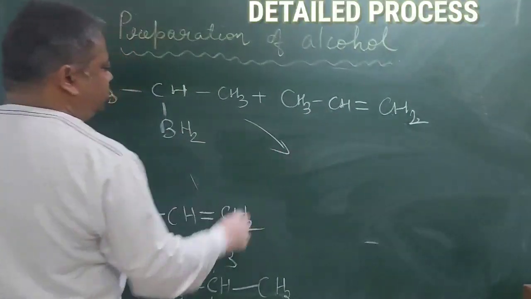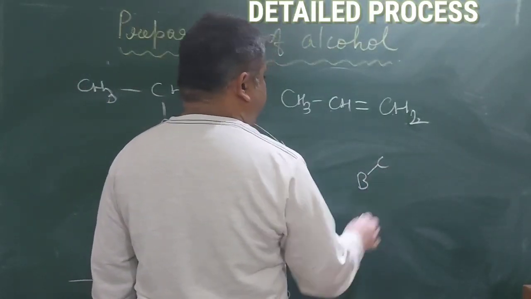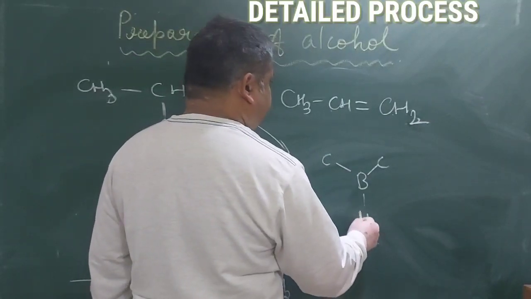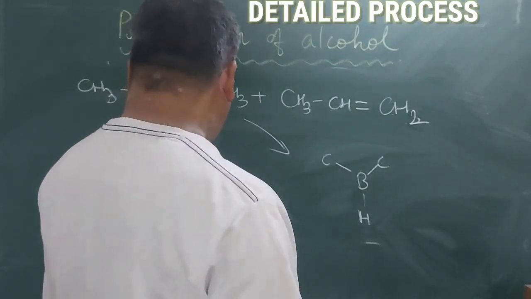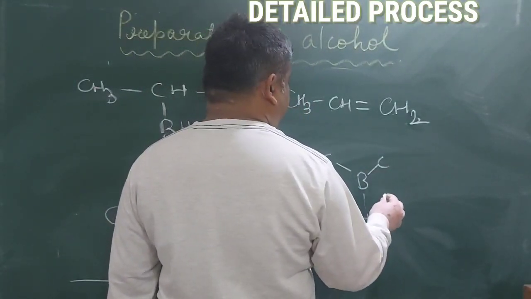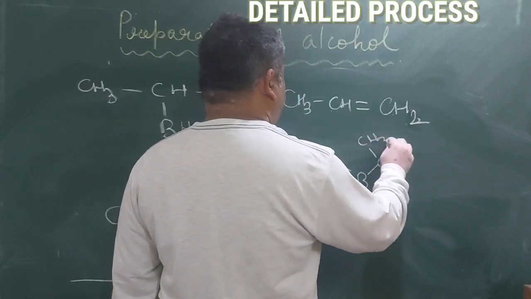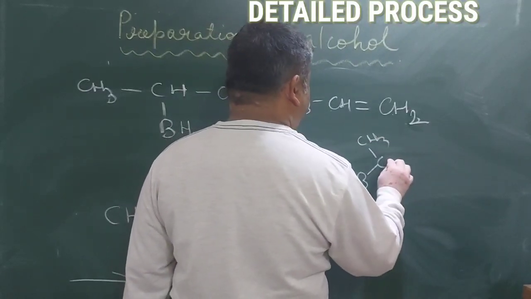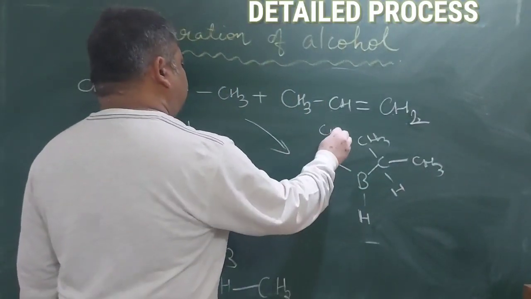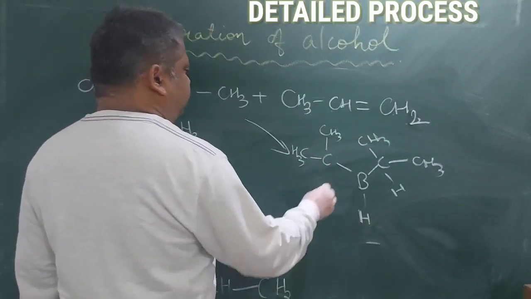So it will form boron, carbon, carbon, H, with CH3 groups and H.